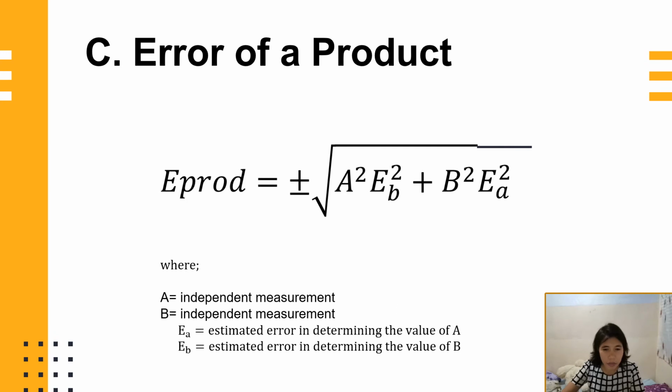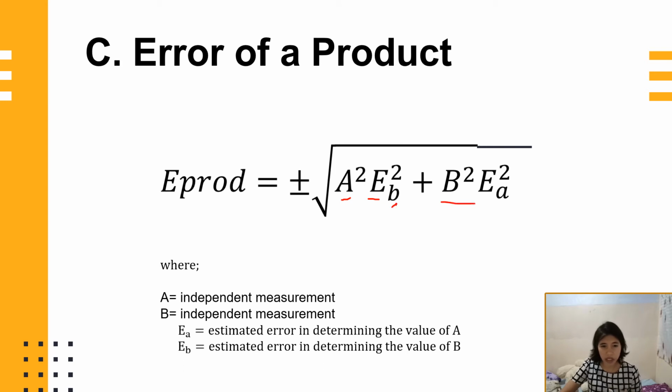So the error of the product. This is common in elementary surveying. I introduced it already. So the error of the product is just the plus minus square root of A, which is the first independent measurement you make, squared, times the error of B, the error of the second independent measurement.